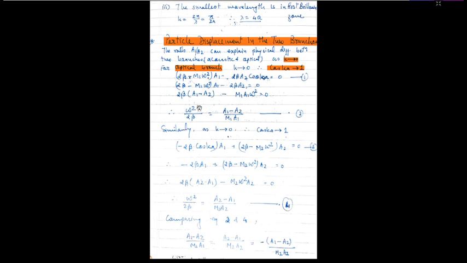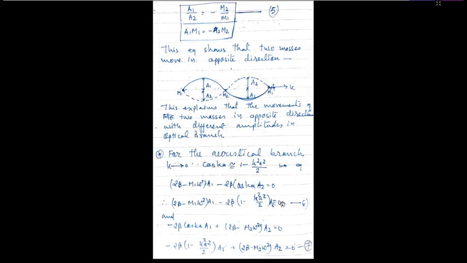If you look minutely, the left hand side is identical, so you can compare the equation 2 and equation 4 with their RHS side, and from this we have received the equation A1 by A2 is equal to minus m2 upon m1, or A1 m1 is equal to minus A2 m2.